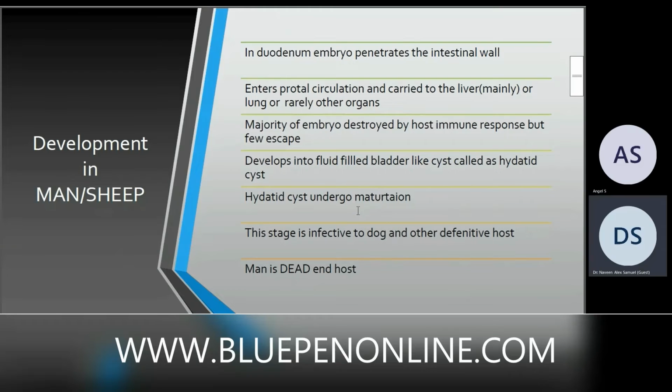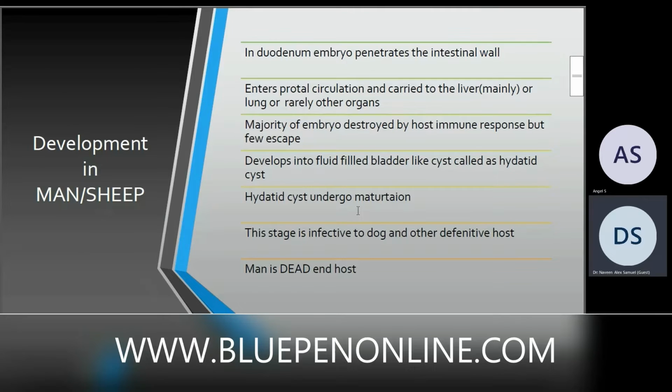Then development in man or sheep: in the duodenum of human beings or sheep, it does not develop into an adult worm. Rather, the embryo penetrates the intestinal wall. It enters the portal circulation and is carried mainly to the liver, or the second organ it is carried to is the lungs, or rarely any other organ.